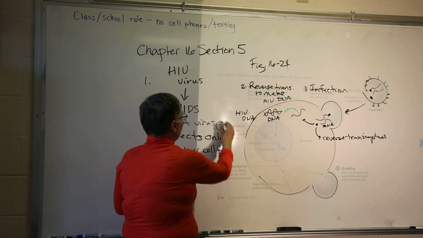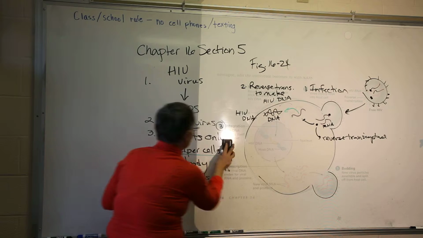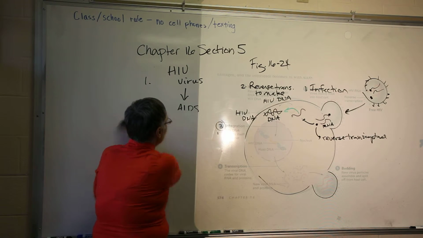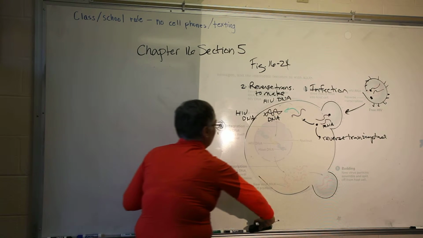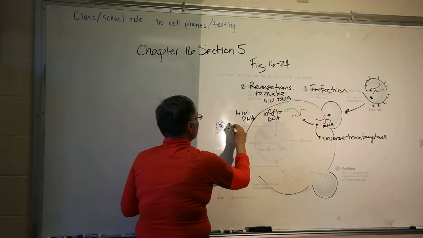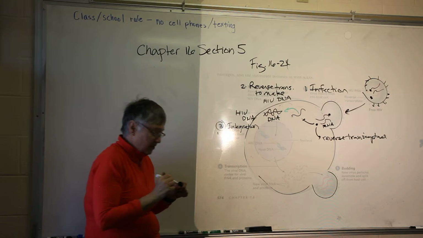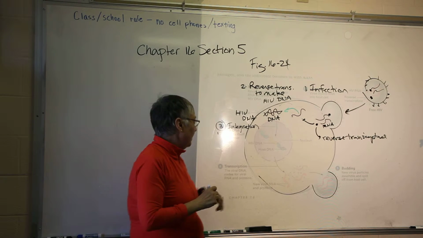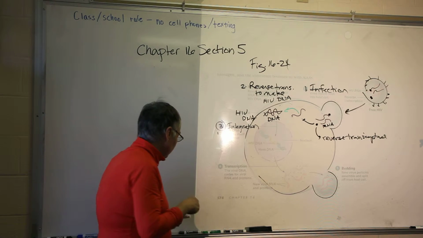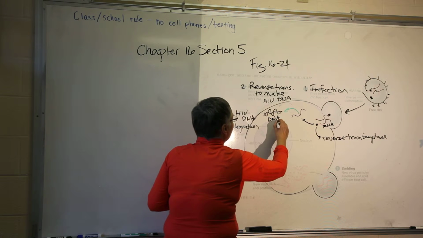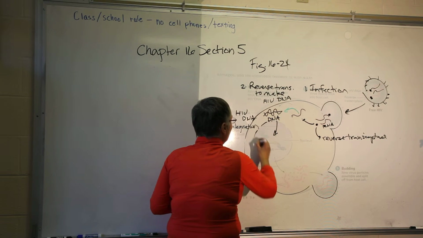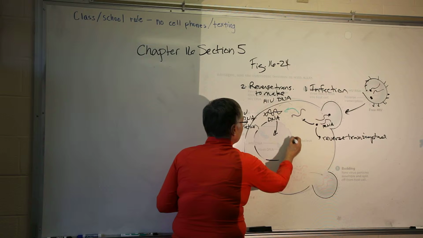Okay, the third step is called integration. And this is where the viral DNA actually is transported into the nucleus of the T helper cell. So this is the nucleus.